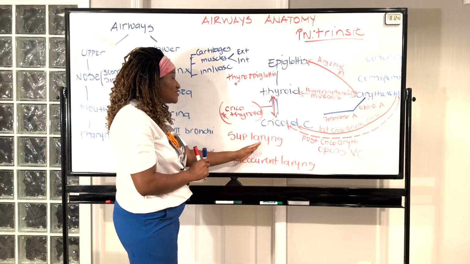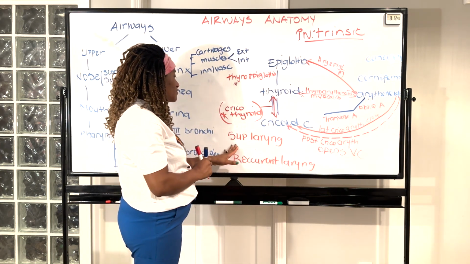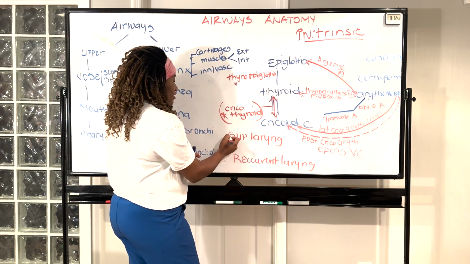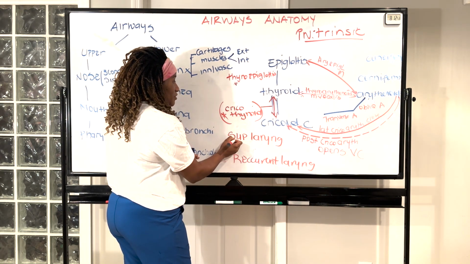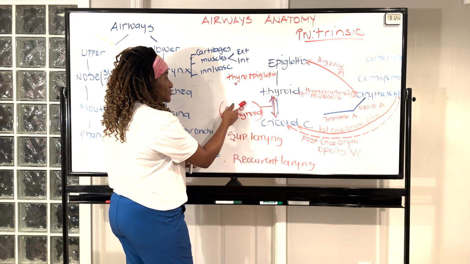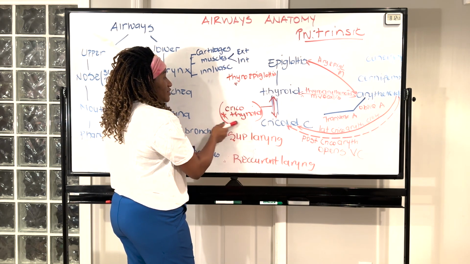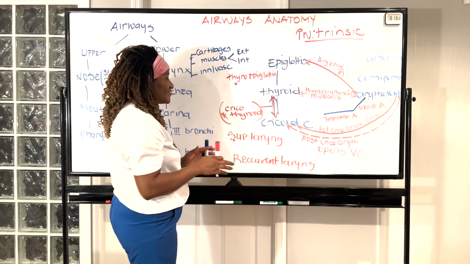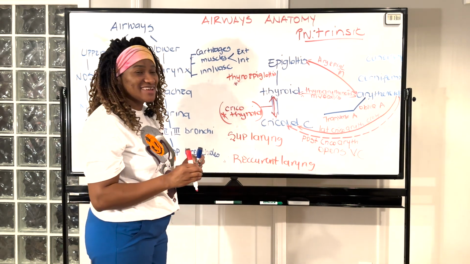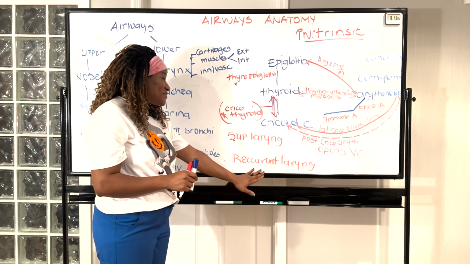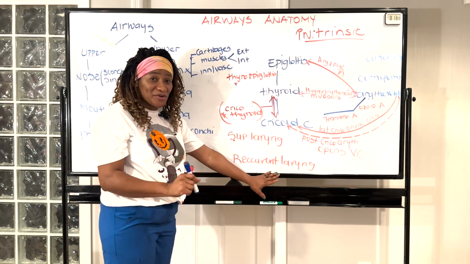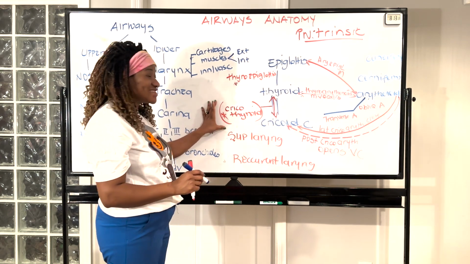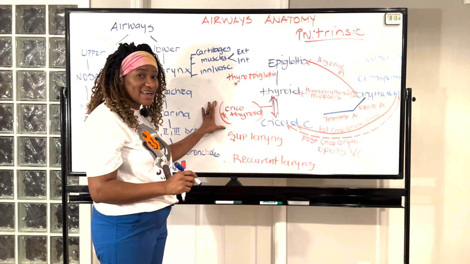Now, the sensory innervation is done by the superior laryngeal nerve. The external branch of this superior laryngeal nerve is the one responsible for the cricothyroid motor innervation. I know it's kind of confusing, and that's why I expand on it. So the recurrent laryngeal nerve gives motor innervation to all these intrinsic muscles except the one that is outside the cartilage, the cricothyroid.